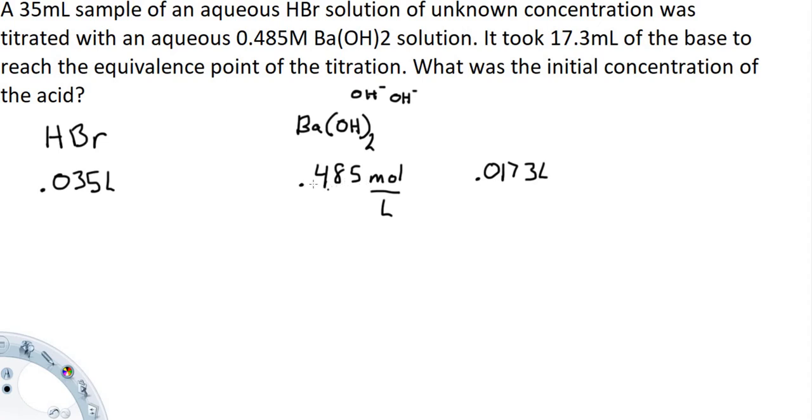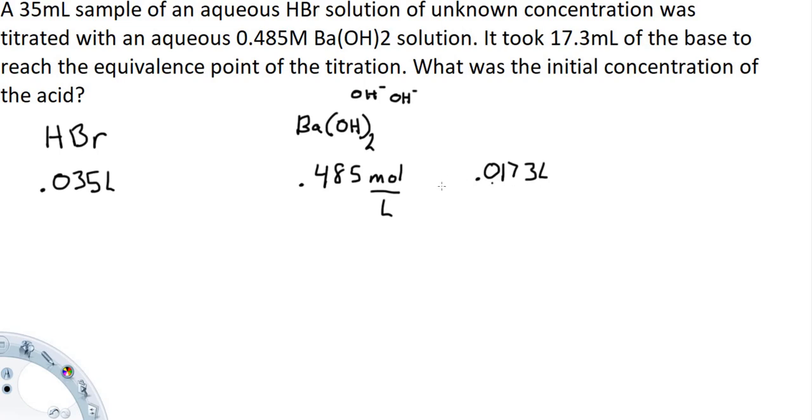So we have the 0.485 moles per liter. We know how many liters were used to reach the equivalence point, and we'll be able to solve for how many moles of the OH we come out to have.